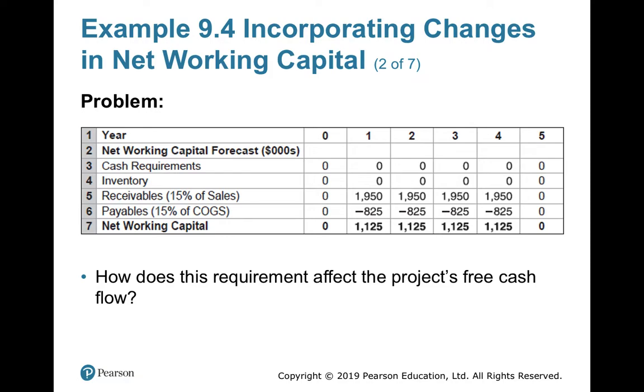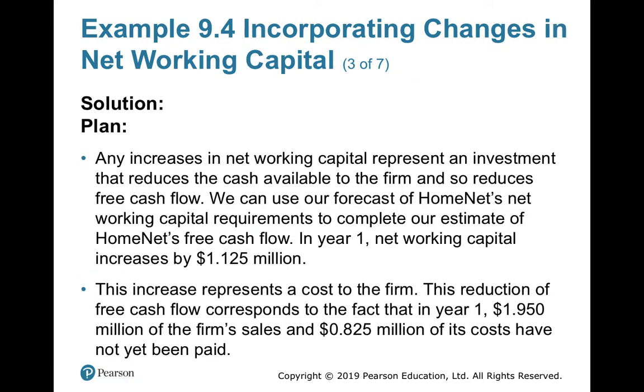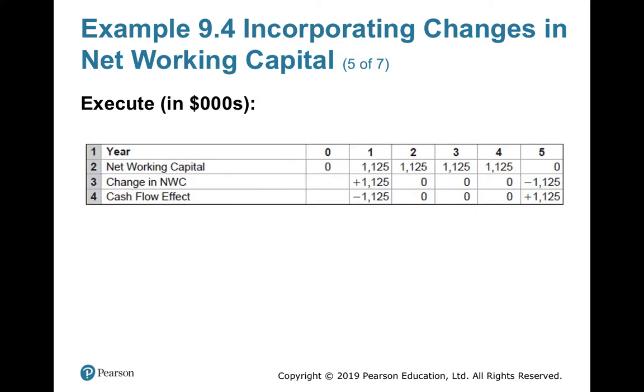Now what we will do? We will check the increase in net working capital. How will we do that? Increase in net working capital is equal to current net working capital minus previous year net working capital. For example, in year 1, the change in net working capital is equal to year 1 minus year 0, which is 1125.